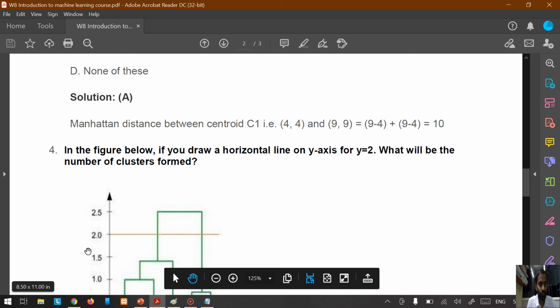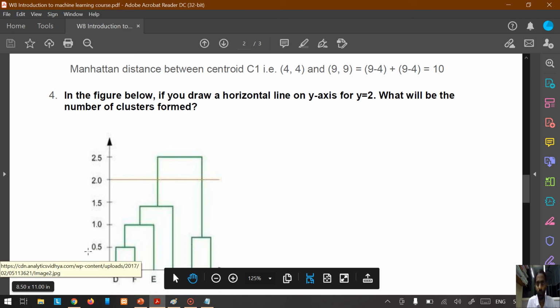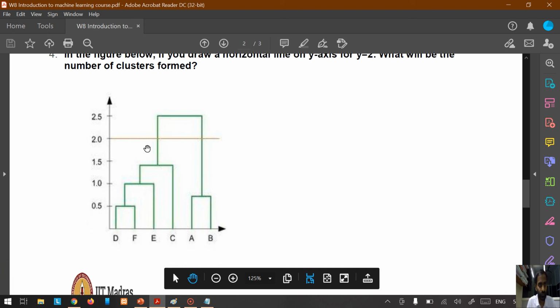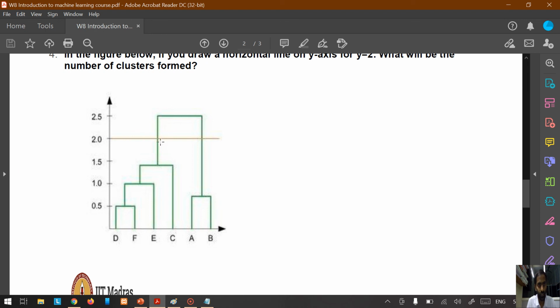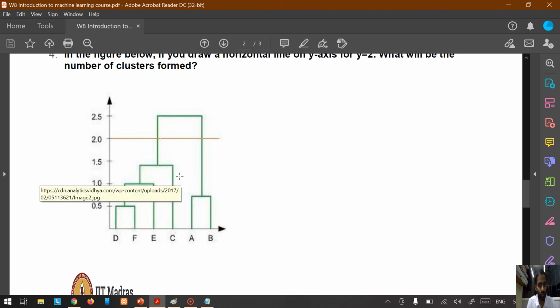Next, in the figure below, if you draw a horizontal line on the y-axis at y equal to 2, what will be the number of clusters found? This is the line given, y equals 2. At y equals 2, it intersects two vertical lines, so this is one cluster and this is another cluster. For example, if you draw a line at another point, it can form 3 clusters.